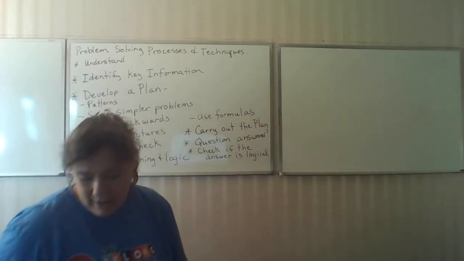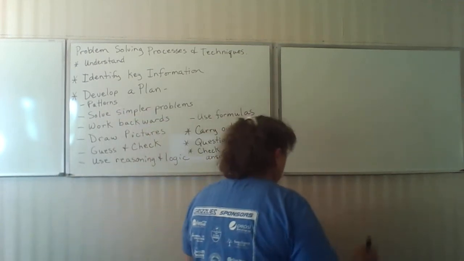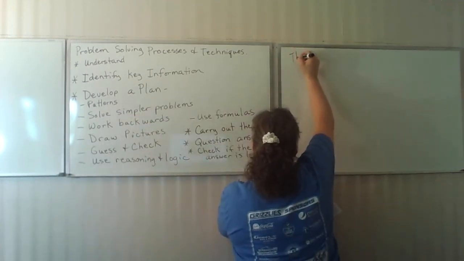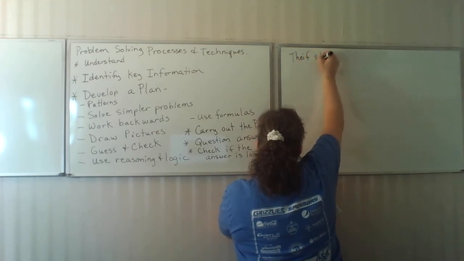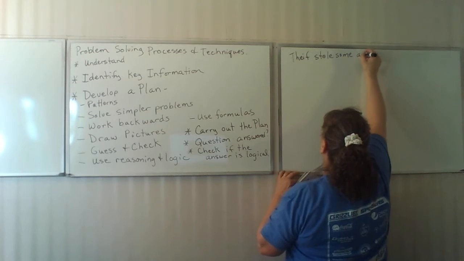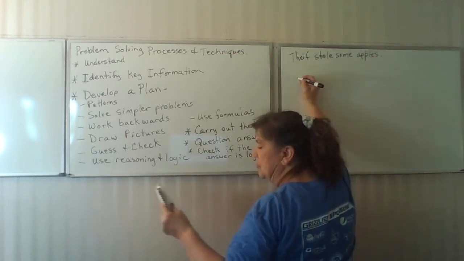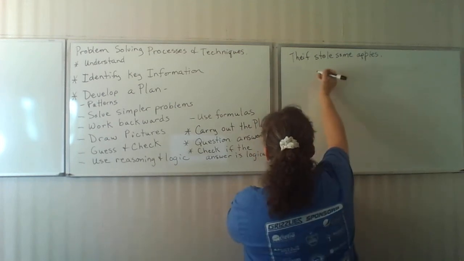Okay? Now let's look at a kind of a complex problem, okay? A thief stole some apples. As he was leaving the orchard, there were 3 watchmen.